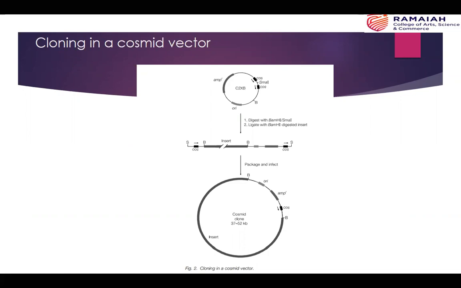But in order to overcome the general problems that are encountered during the cloning procedure, sophisticated cosmid vectors had been developed by providing a few more additional features.